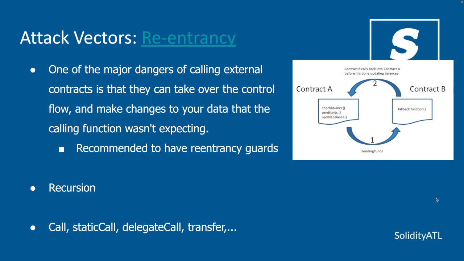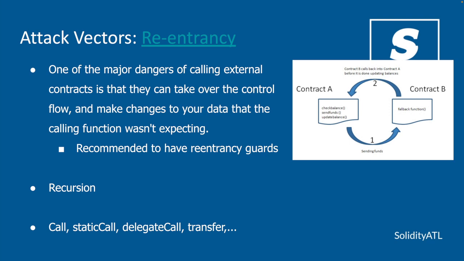Okay. With reentrancy, there are known ways to protect against it. One of them is called the reentrancy guard, and I've seen it implemented as a modifier. Basically, it prevents the same caller from calling that contract method more than once inside of a single transaction.